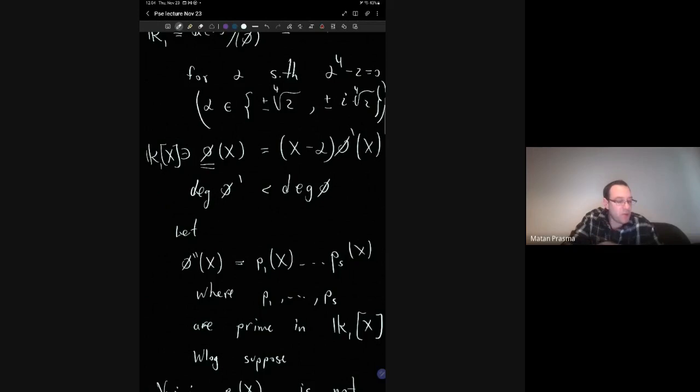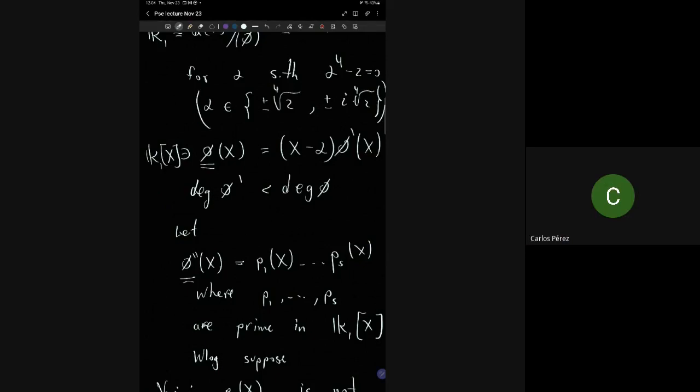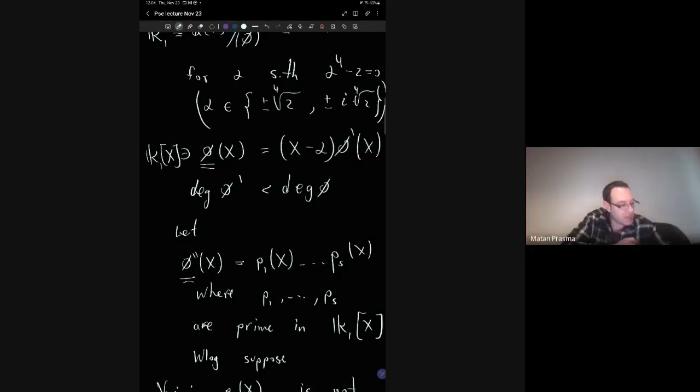But they are going to be different roots, because actually here it should be phi prime, not phi double prime. I took out the root alpha from phi, and I'm left with phi prime. And now I decompose phi prime into prime factors.